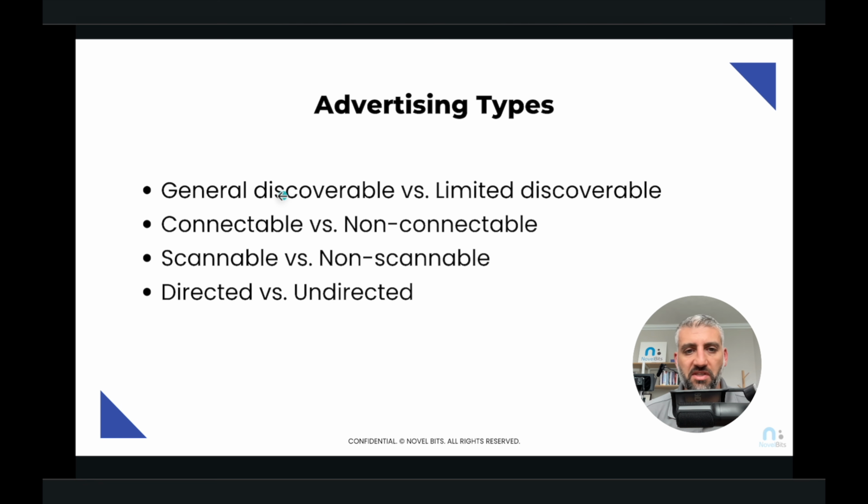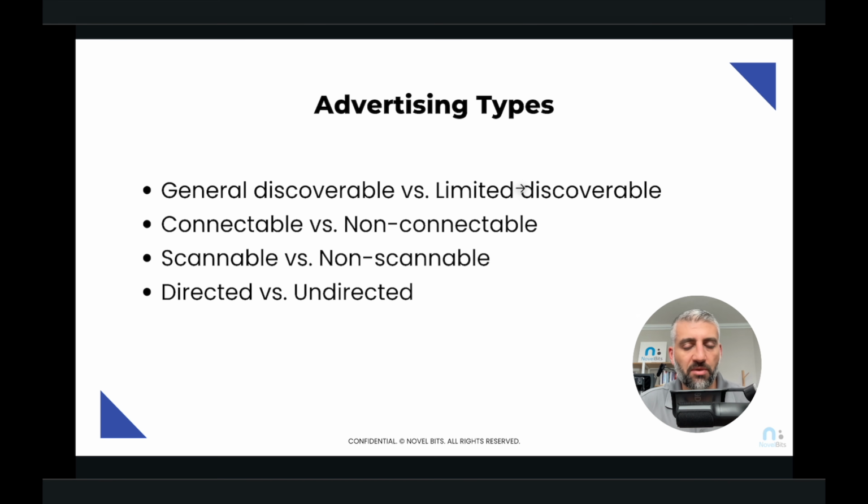General discoverable means that once a device specifies that in its advertising data, it's just discoverable. There's nothing special about it. Limited discoverable, in the spec, is a recommendation for the scanner to display that as a high priority device.